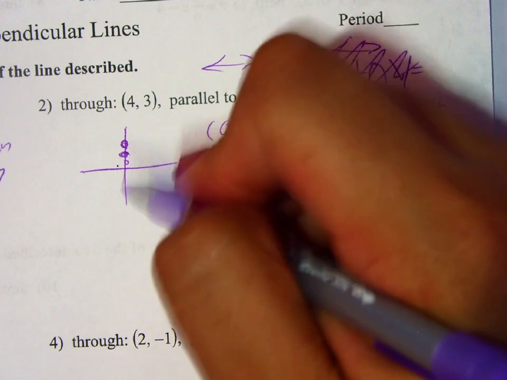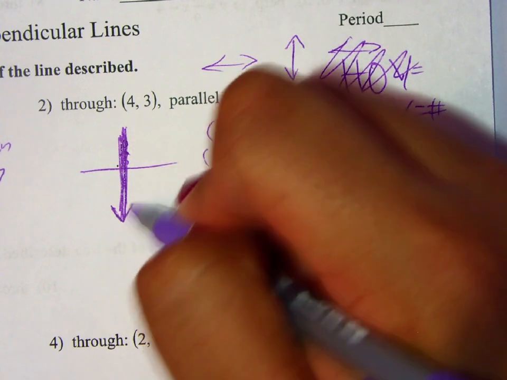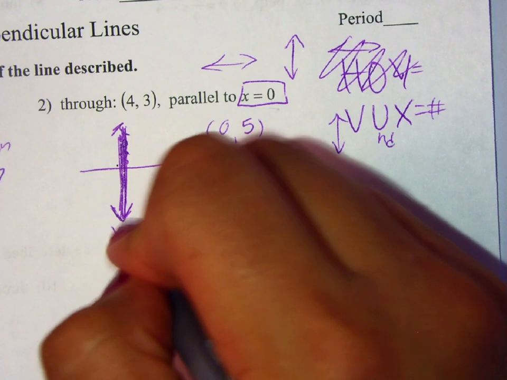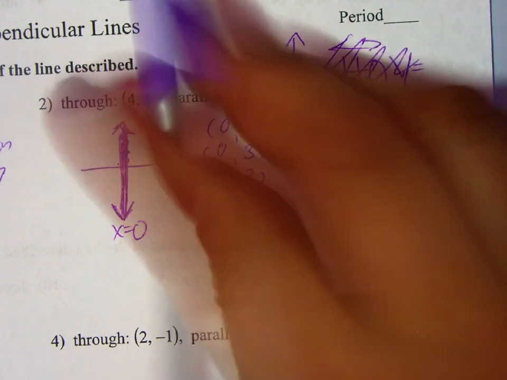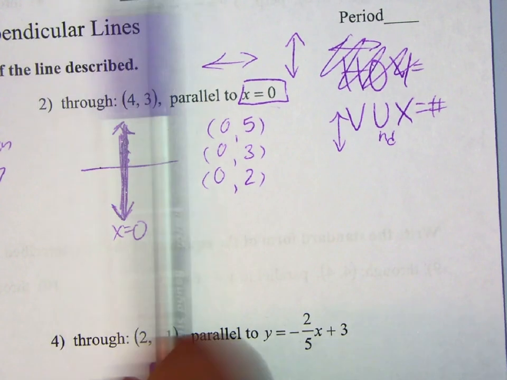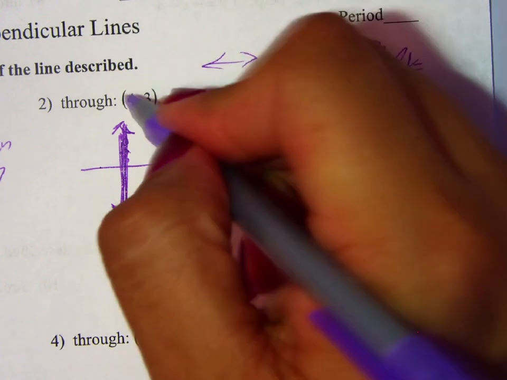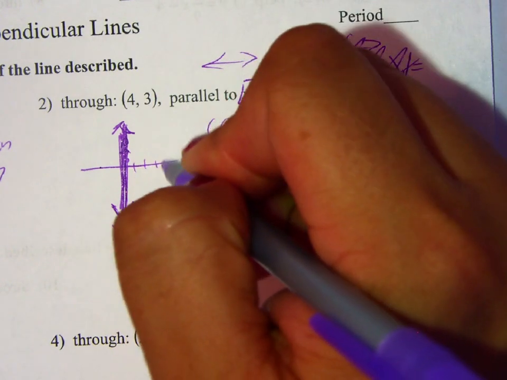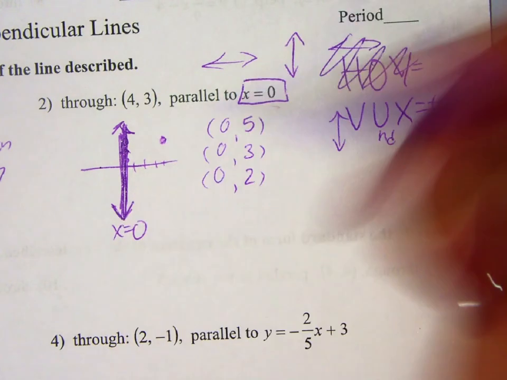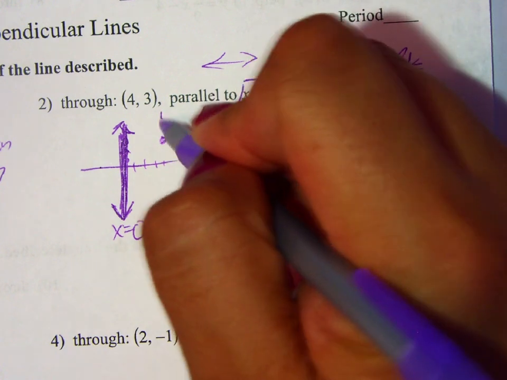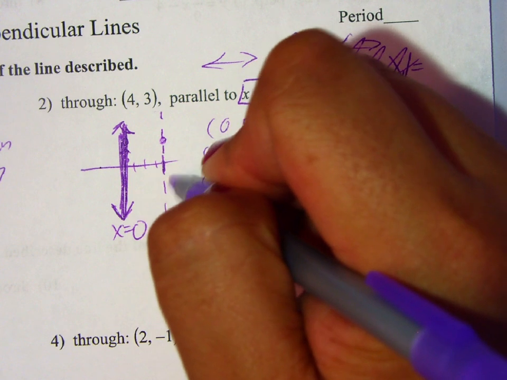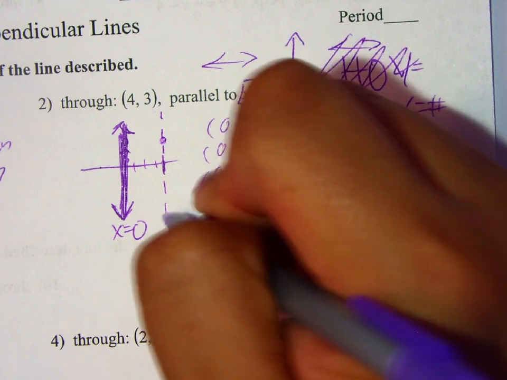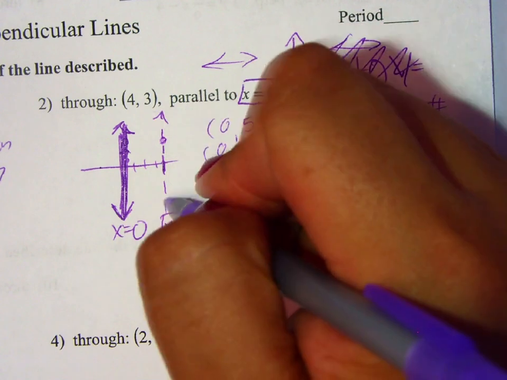That means it creates a vertical line on the y-axis when x equals 0. And if you have to write a parallel line to that, you need another line that is like that, just parallel somewhere else. And it has to go through the point (4, 3). So 1, 2, 3, 4, and then 3 is right here. So we're going to create a parallel line to that, and it's crossing at 4. So x equals 4 is your equation for that.